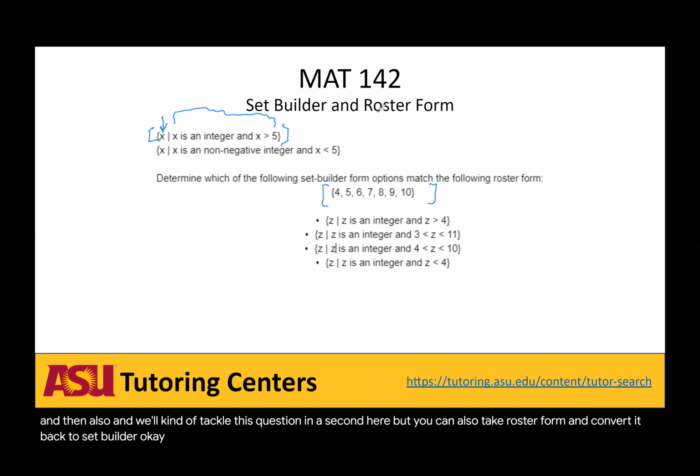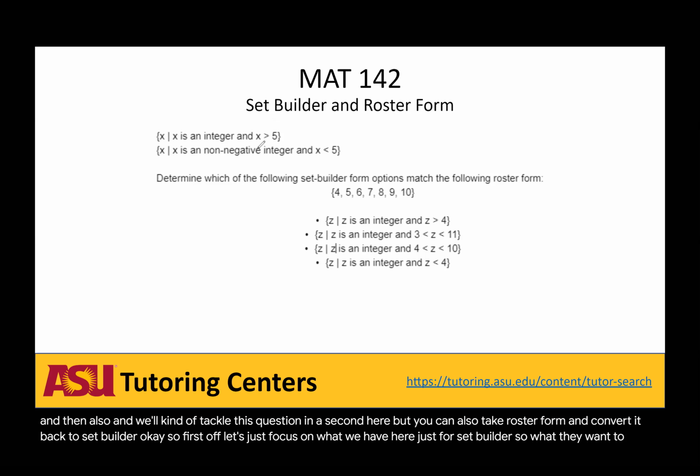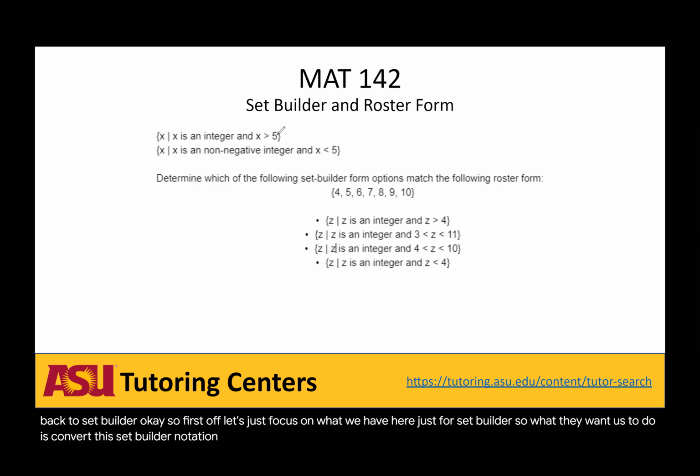Okay, so first off, let's just focus on what we have here just for set builder. What they want us to do is convert this set builder notation to roster form. So let's go ahead and just do the first one here. What they're saying here is X is an integer, right? And X is greater than 5.